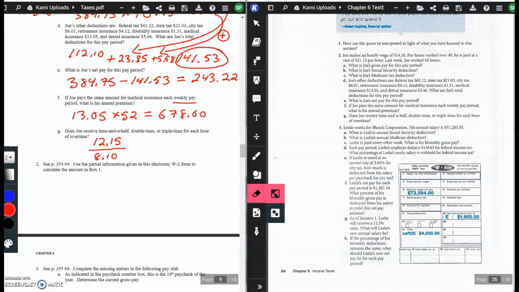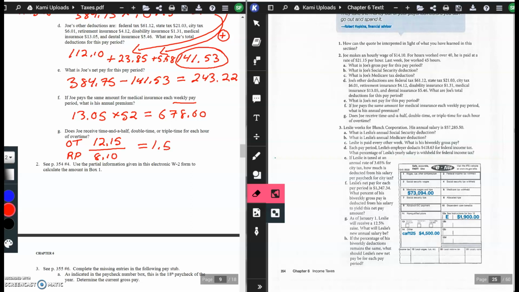So remember, he makes $8.10 for his first 40 hours of pay, and he makes $12.15 for every hour after that. So you take your overtime pay versus your regular pay, divide that, so $12.15 divided by $8.10 gives you a decimal of 1.5.